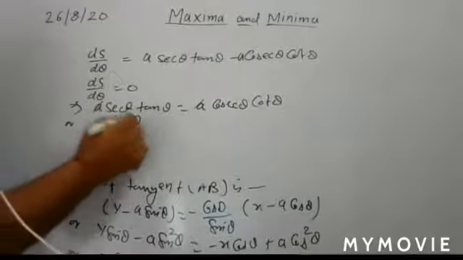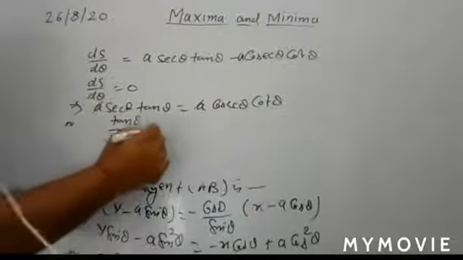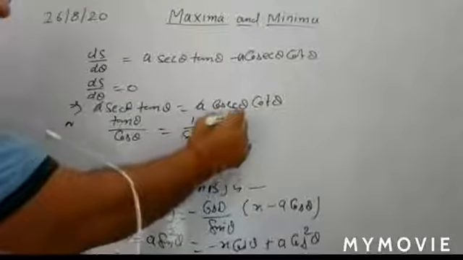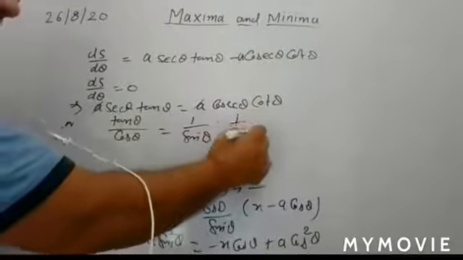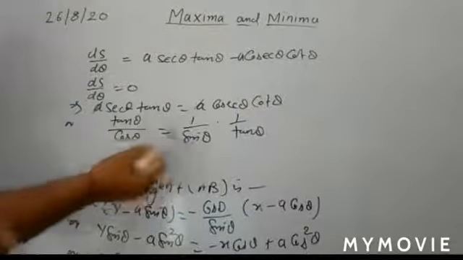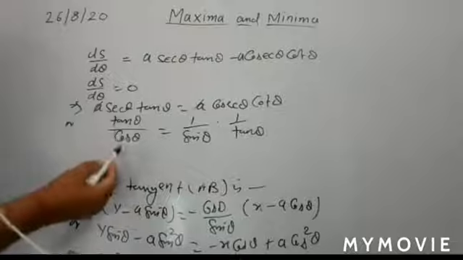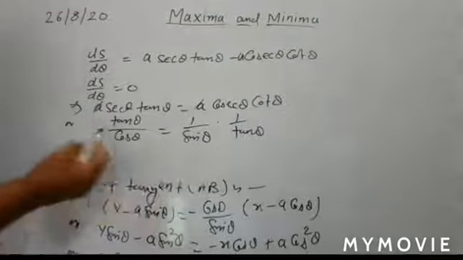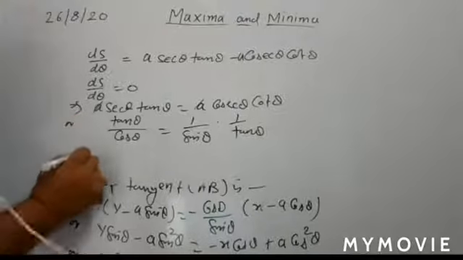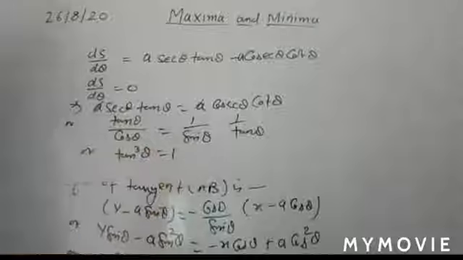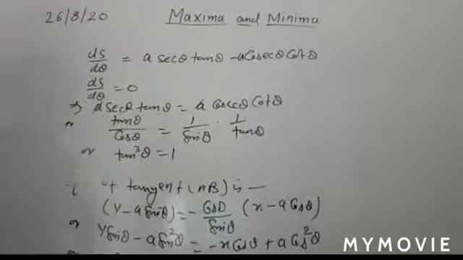Just see here, sec can be written as 1 by cos theta, and cosec can be written as 1 by sine theta, into 1 by tan theta. Now if you transfer this sine to the left side, here you have sine theta by cos theta, which is tan theta, and this tan theta is also multiplying here. So overall, here you have tan cube theta is equal to 1.